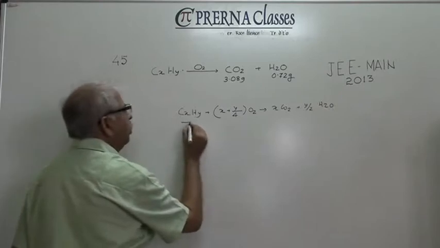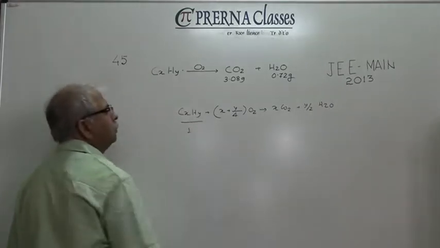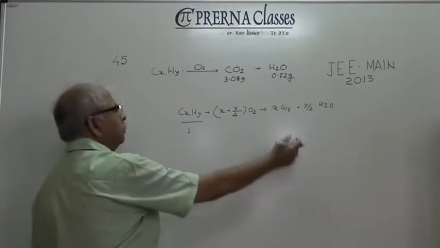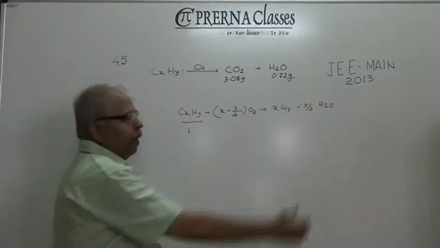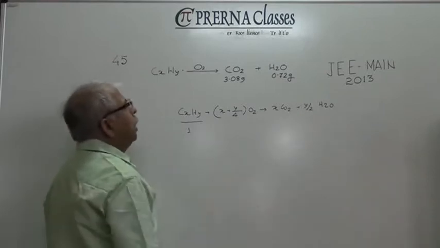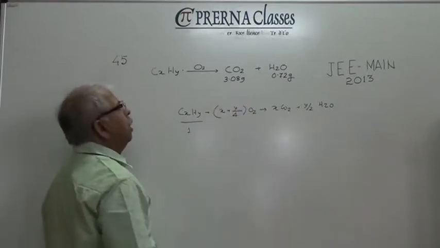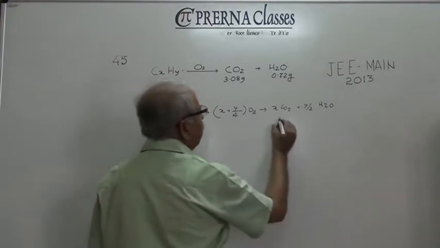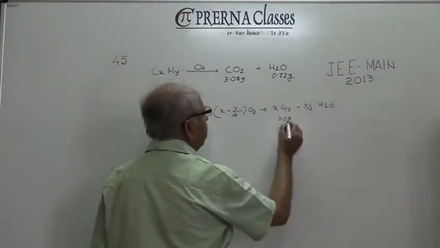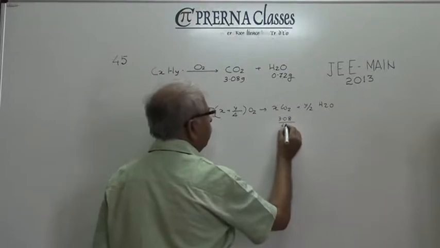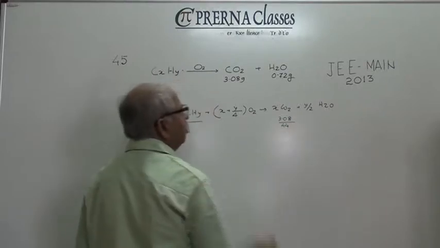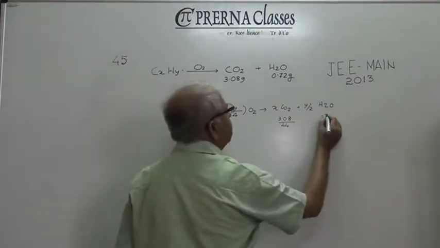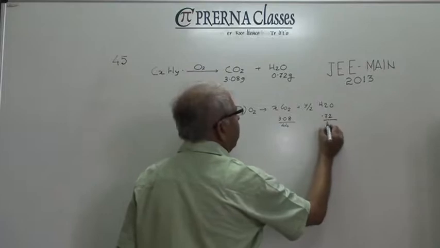Now for 1 mole, you get x mole of this and y by 2 mole of this. Now if you look at 3.08 gram, 3.08 by 44, and 0.72 gram is 0.72 by 18.